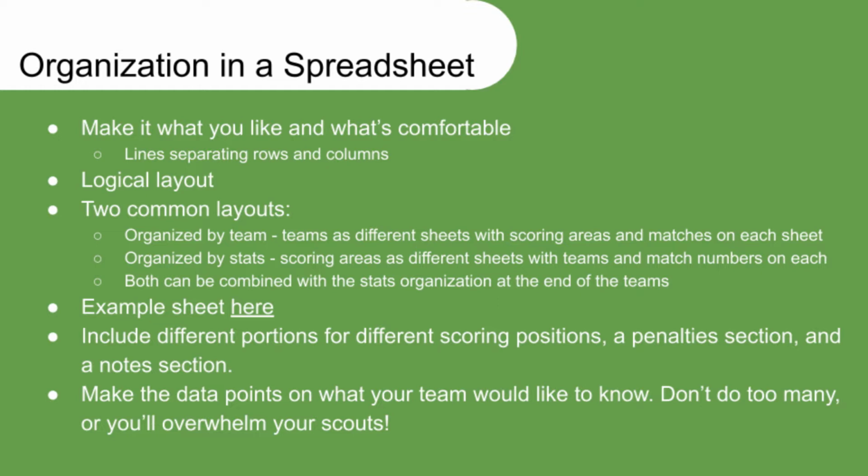So let's say, like in Deep Space, if one of your criteria is middle hatches, then that would be a separate sheet. You'd have all your teams going down the left side of the spreadsheet, and then you'd have your match numbers going across the top with how many they scored in the middle hatch position, and so on and so forth.